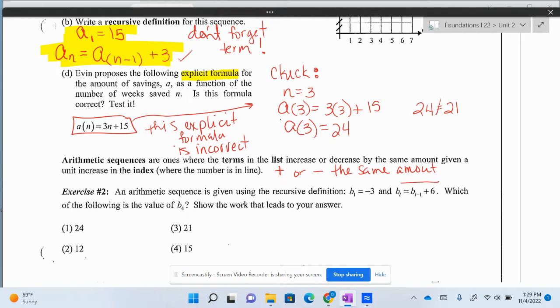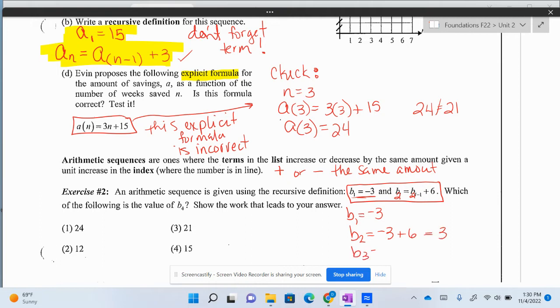So if I were to look at this formula right here, this says, hey, my first term is -3. Let's figure out what the second term is. Well, that means I replace the i with the number 2. Well, 2 minus 1 is what? 1.